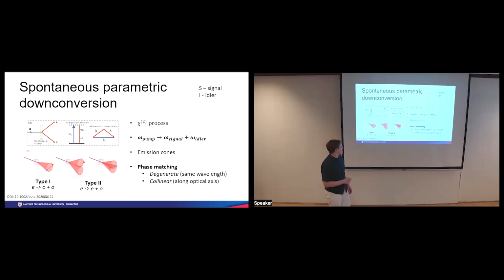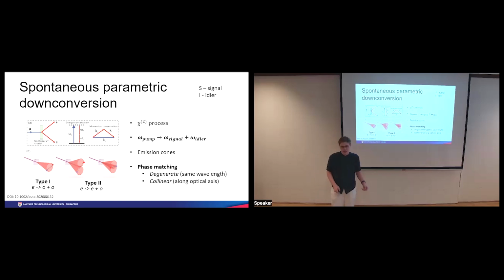In the classic bulk regime, you would have a pump photon splitting into a signal and idler, and the probability of this is dictated by phase matching and energy conservation.